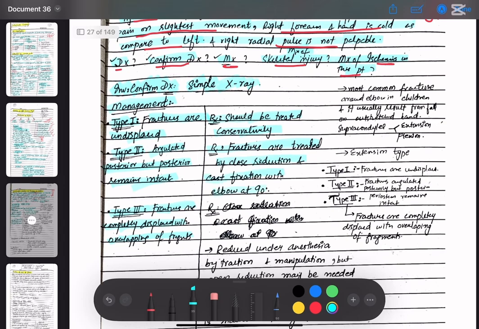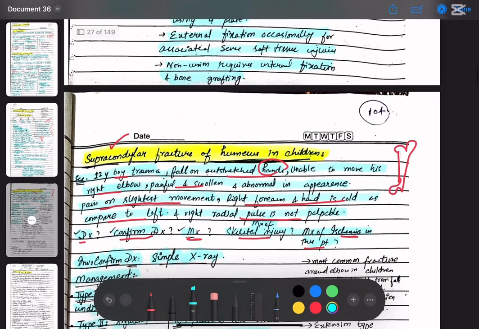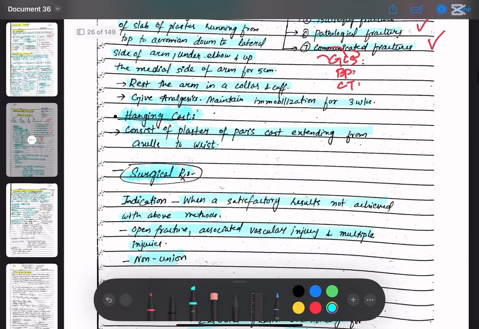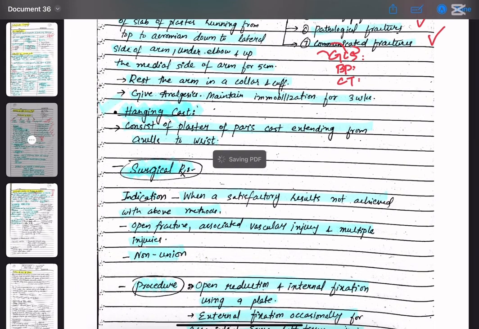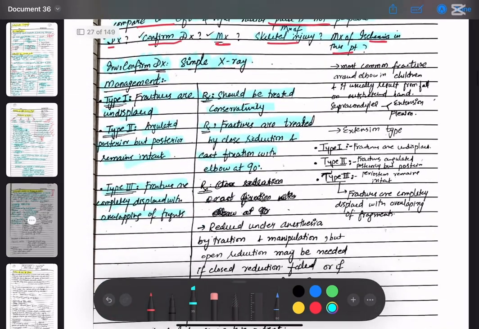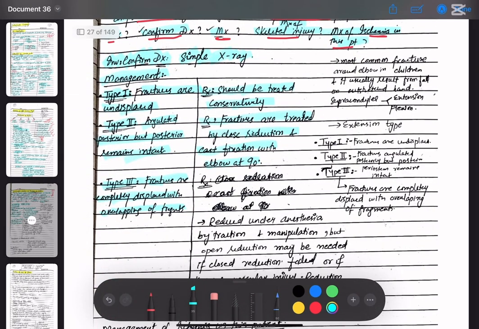Okay, as we have studied, there is a procedure known as hanging cast, in which the plaster of Paris is used, which is extended from the axilla to the wrist. So in this case, the casting method is used for the fixation. That is, fractures are treated by closed reduction and cast fixation with elbow at 90 degrees.